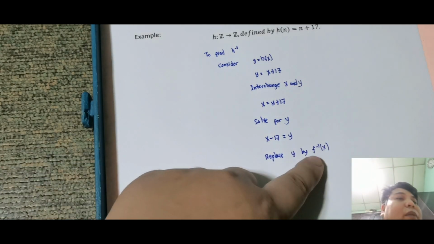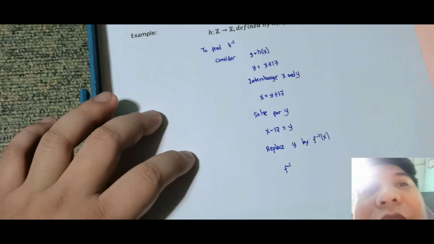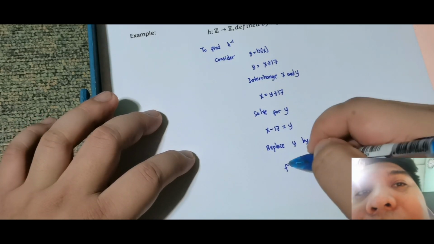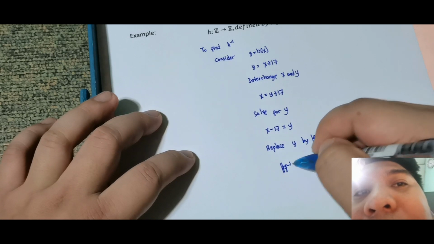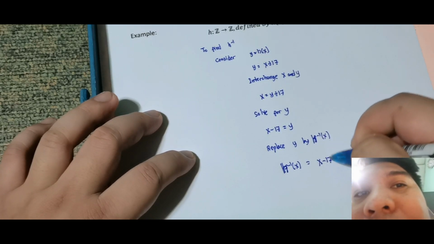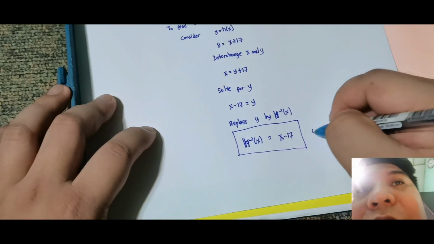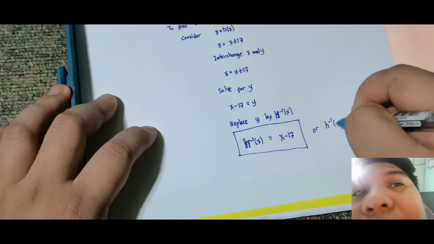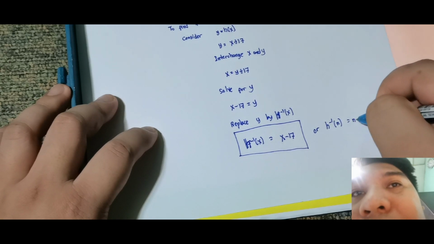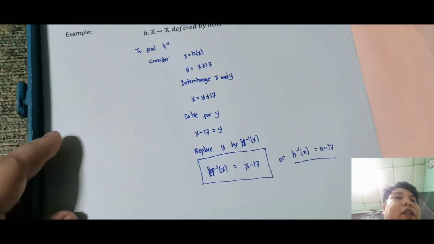So, since ito ay y, f of x, so this is f inverse, h inverse. Okay, that's h inverse of x is equal to x minus 17. Okay, so yun yung inverse. Or, since n yun, h inverse of n is equal to n minus 17. Okay, so ganyan siya kasimple.